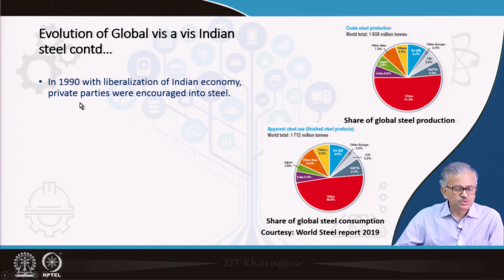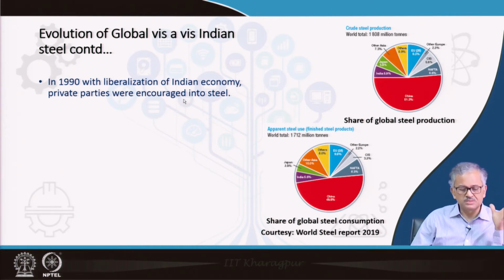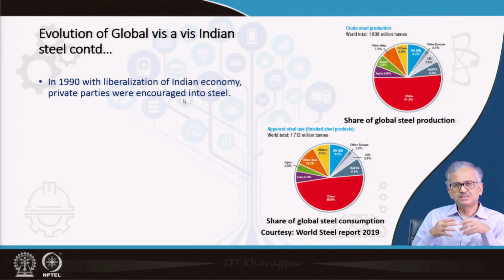Okay, so in 1990, with liberalization of the Indian economy, private parties were encouraged into steel. That is, the Indian government deregulated a lot of things. Initially, private parties were discouraged in steel because of licensing, the number of organizations they had to go to for licensing, and a lot of corruption erupted during that time.